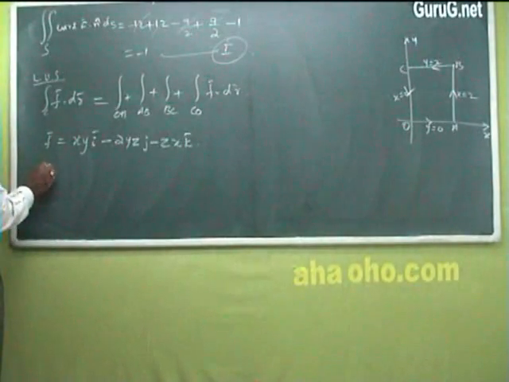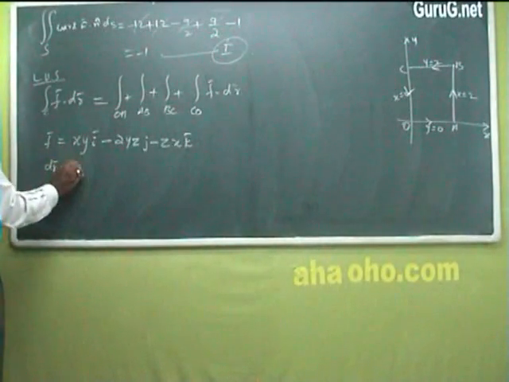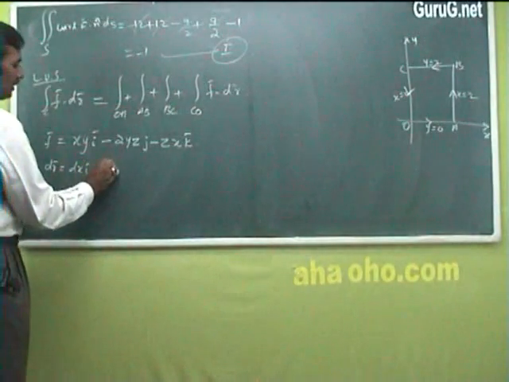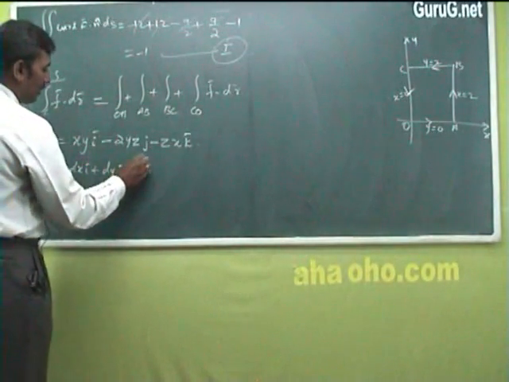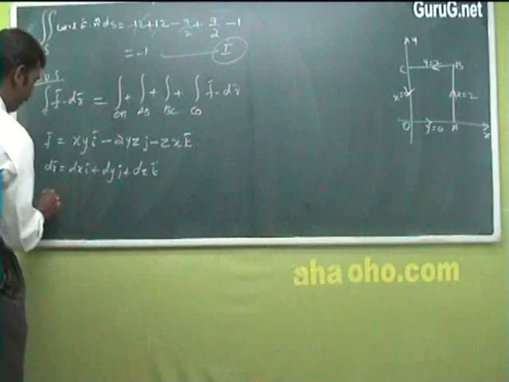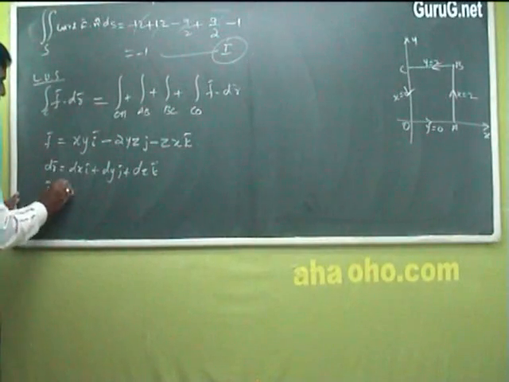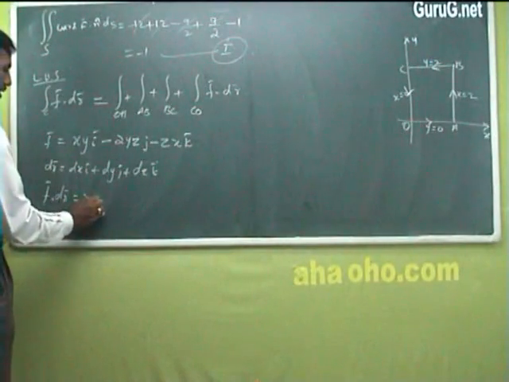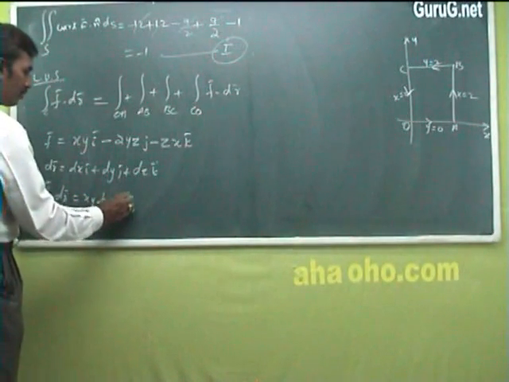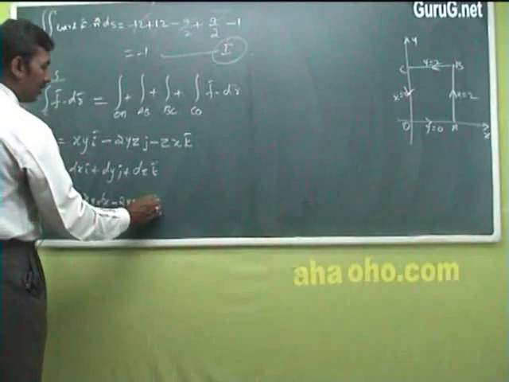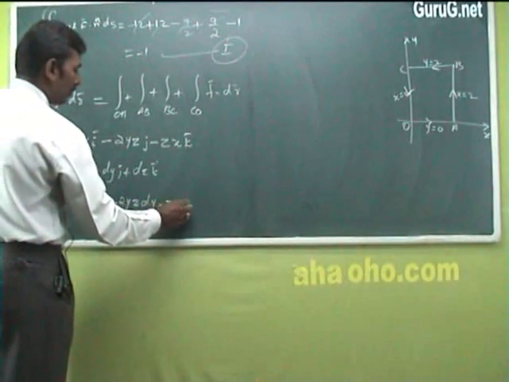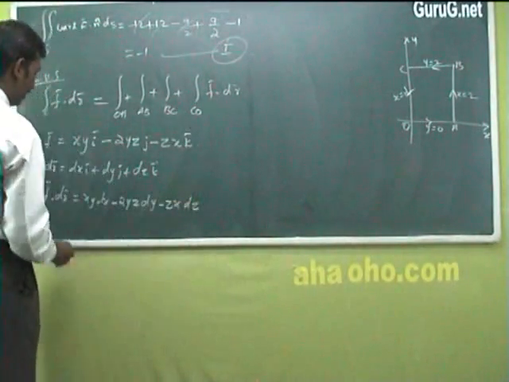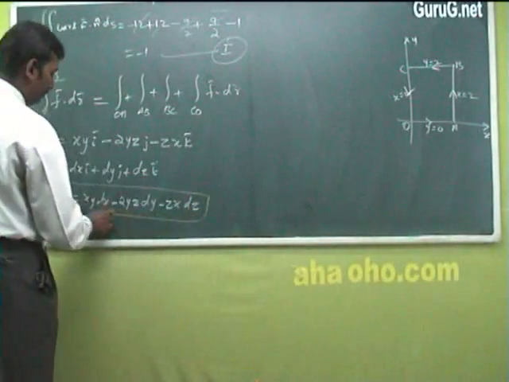So dr vector equals dx i plus dy j plus dz k. So f dot dr equal to xy into dx minus 2yz into dy minus zx into dz. Right? So this is f dot dr.